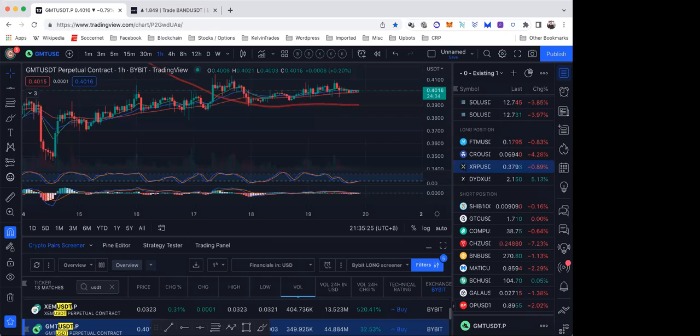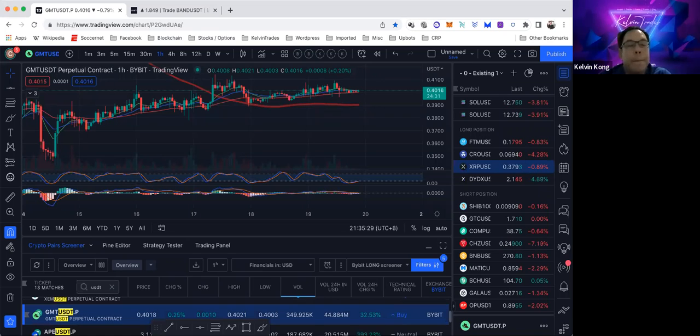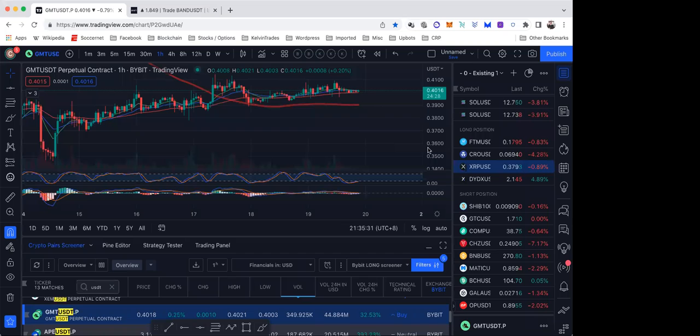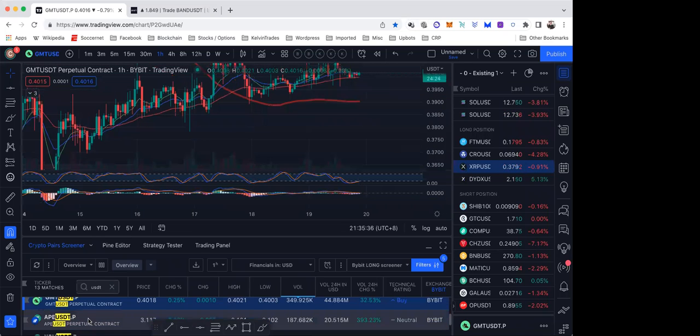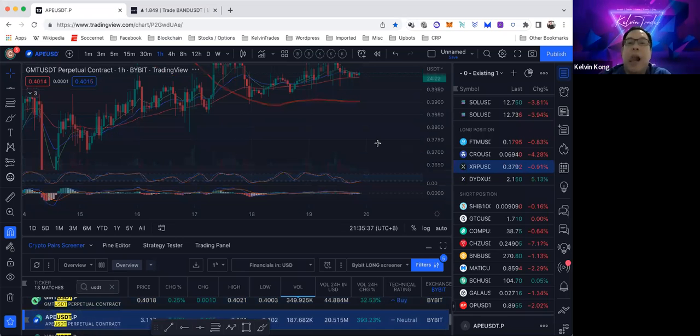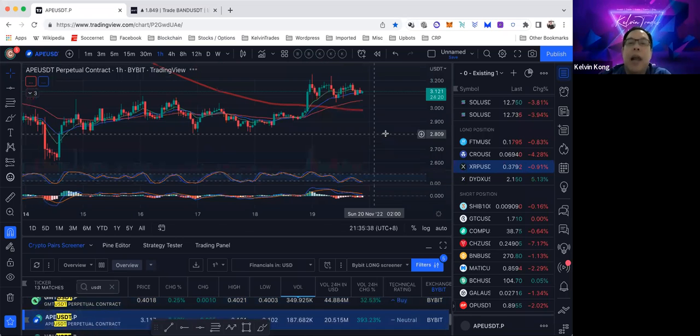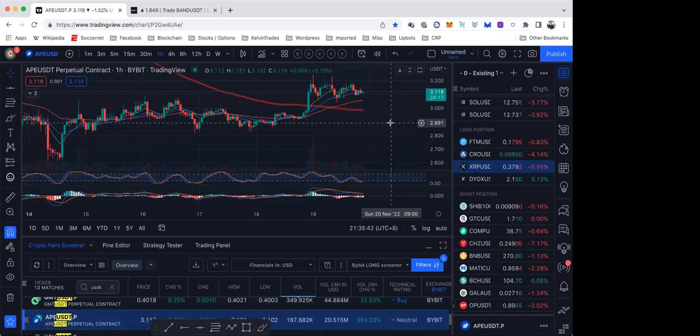What about the coin? It's pumping a bit. How many percent has it pumped already? 1%?